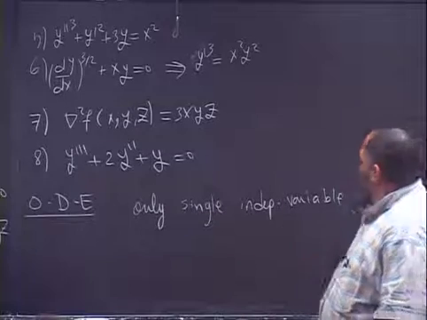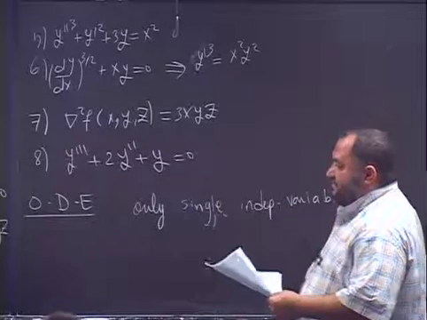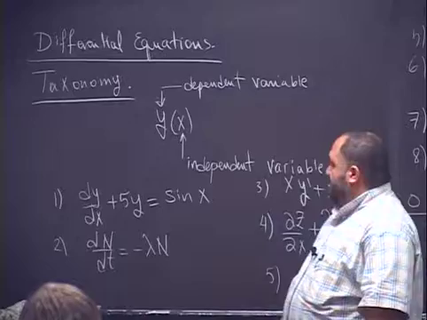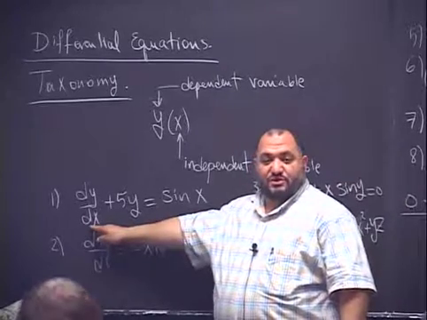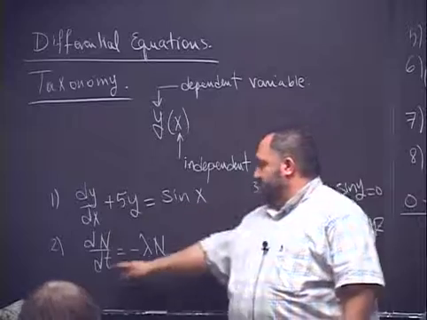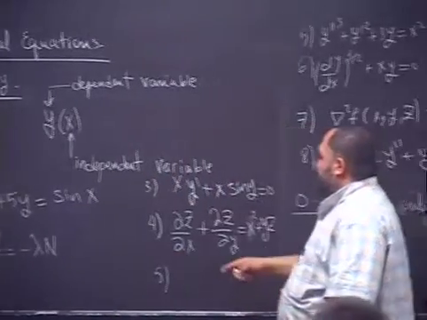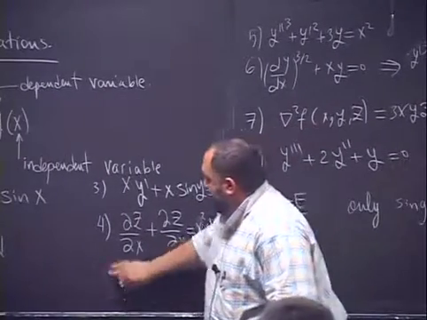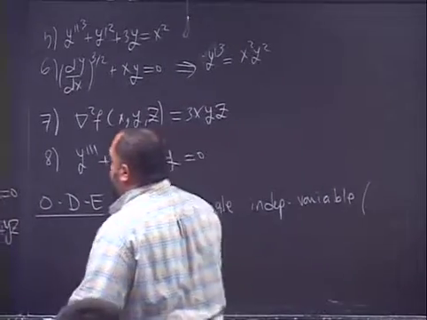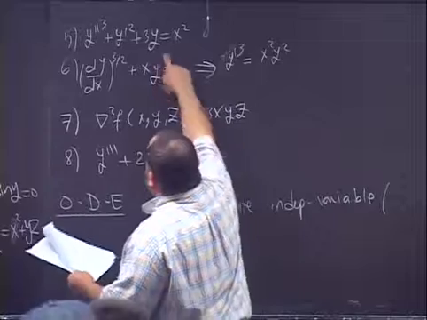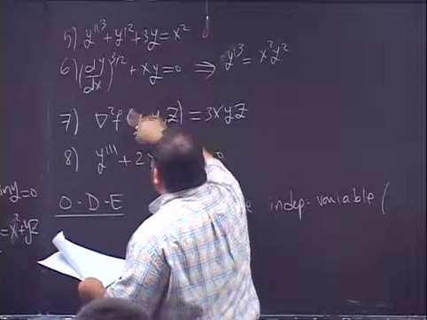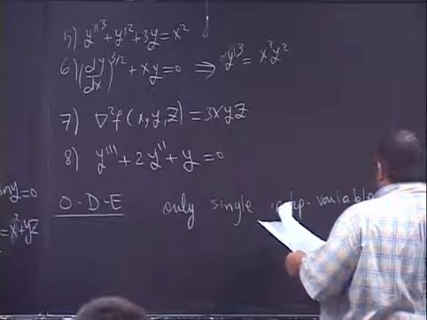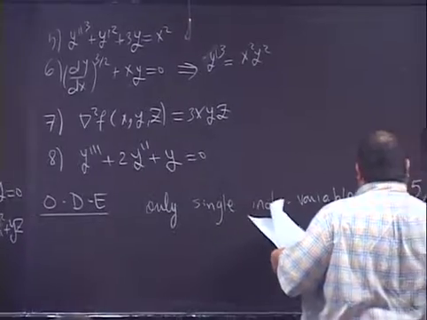So which ones of those are ODEs? 1 is an ODE, 2 is an ODE, because I am differentiating with respect to only one independent variable, x or t. And 3, and 5, 6, and 8. So we said 1, 2, 3, 5, 6, and 8.